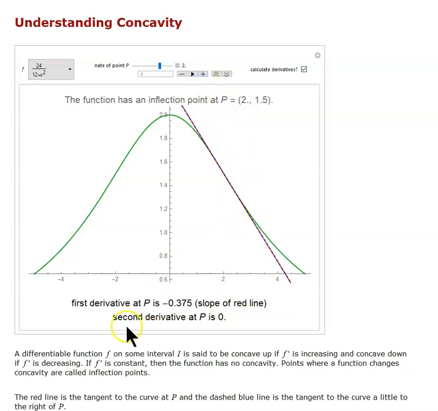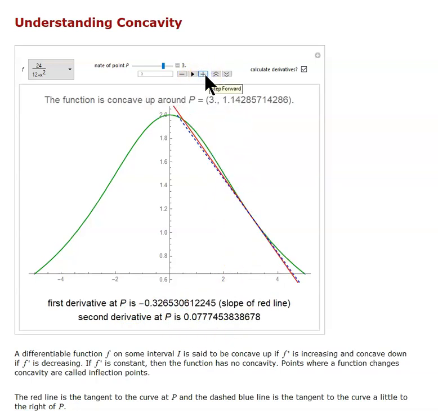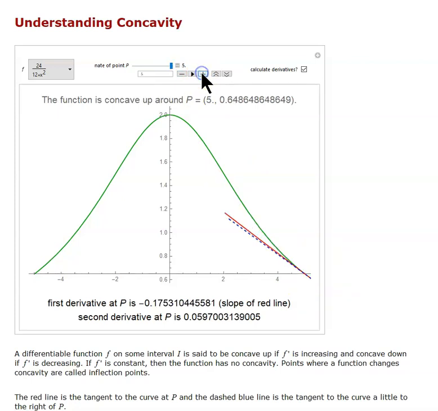And we get to this point where they're identical, where our second derivative is 0. And when we step beyond that, notice that the slope of the blue line segment starts to be greater than the slope of the red line segment, meaning our derivative is now starting to increase. And then we continue around.